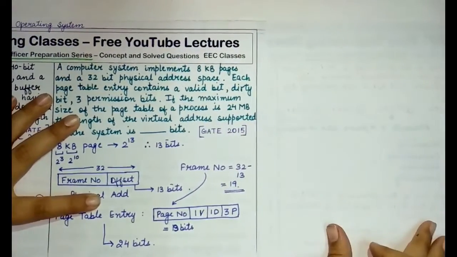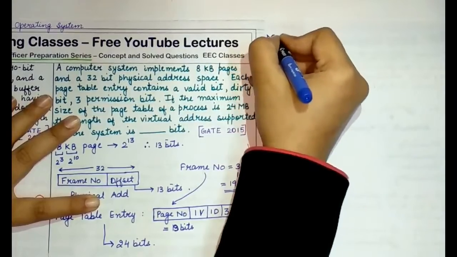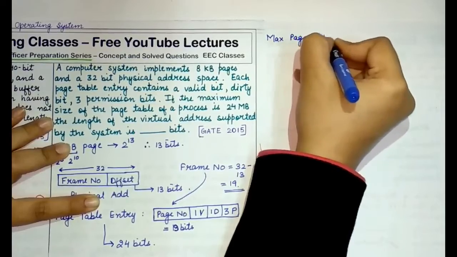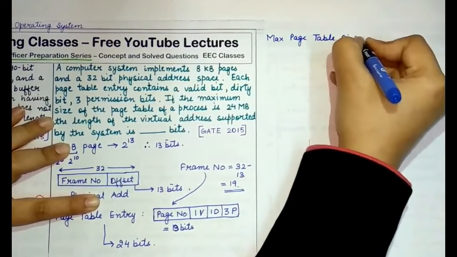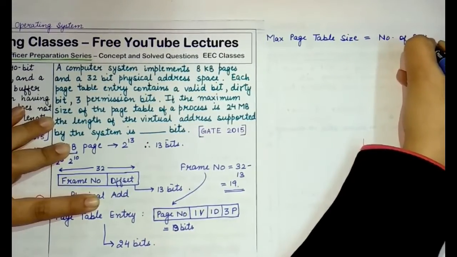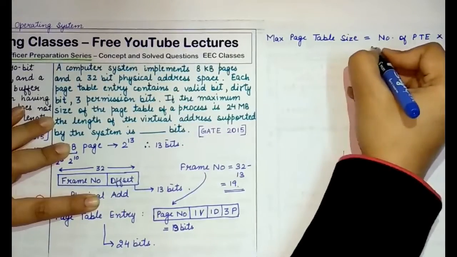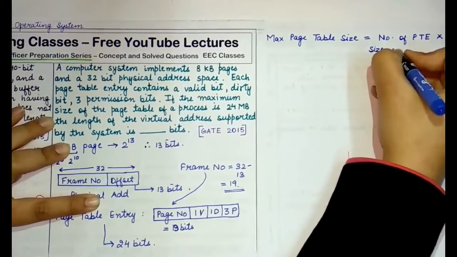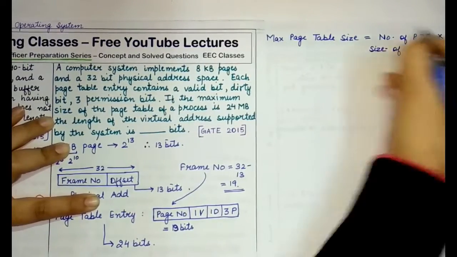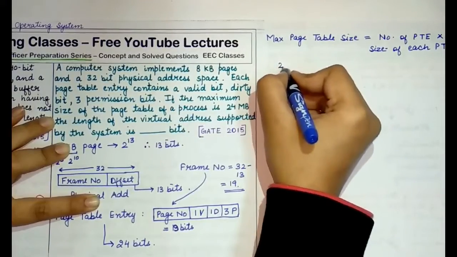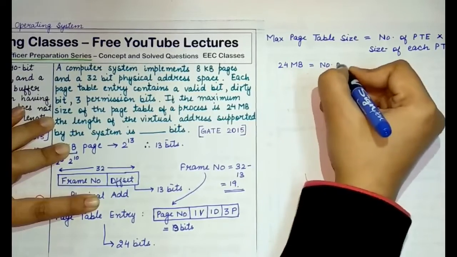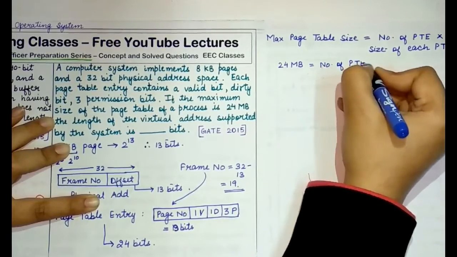The maximum page table size is equal to the number of page table entries multiplied by the size of each page table entry. So here we know that the maximum page table size is 24 MB. We do not know the number of page table entries, but we know that the size of each entry is 24 bits.